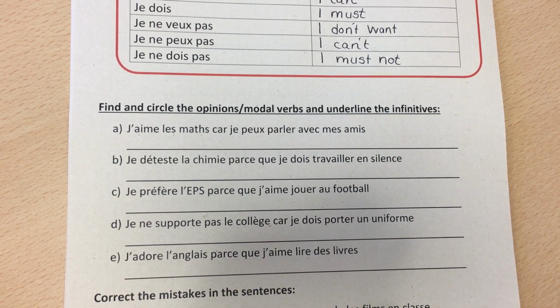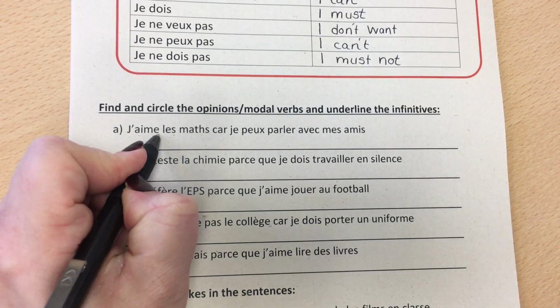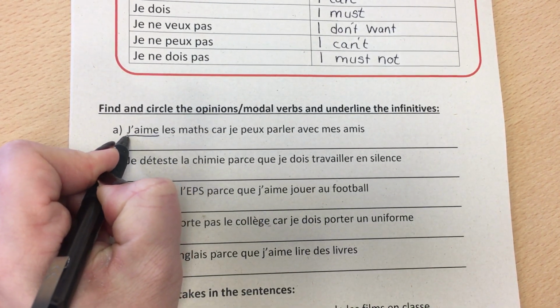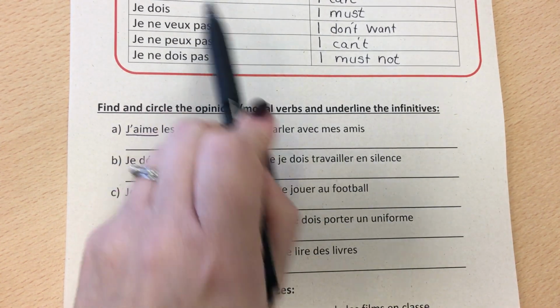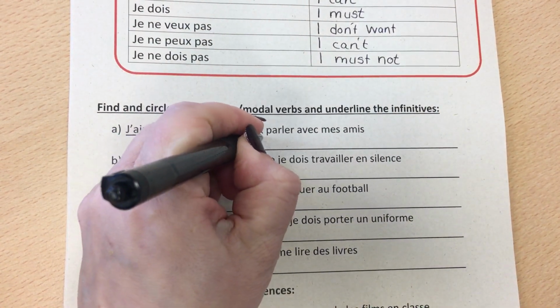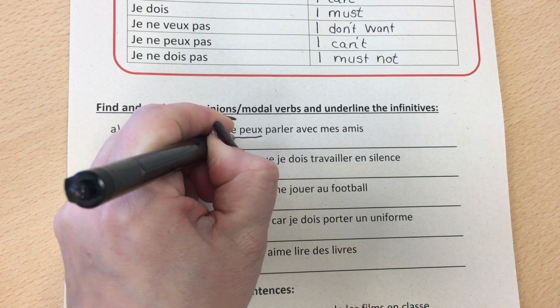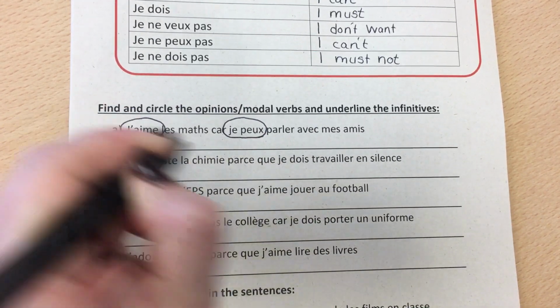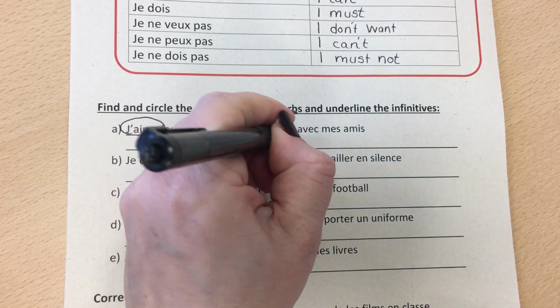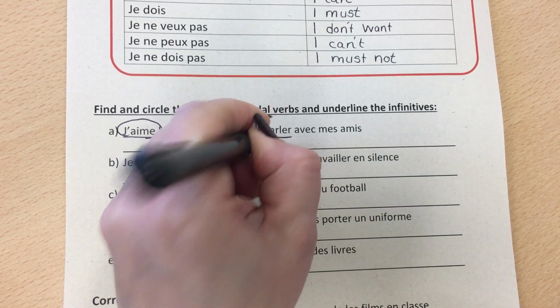First of all, we're looking for the opinions. Well, we've got j'aime. Can't see any more opinion verbs, but I can see one of our new modal verbs, je peux. So we've got j'aime and we've got je peux. And our modal verb is followed by the infinitive parler.